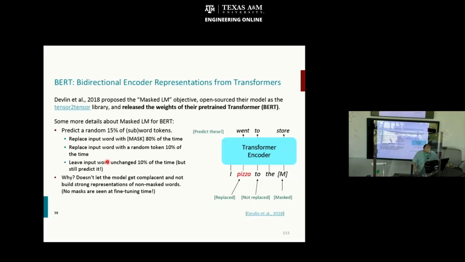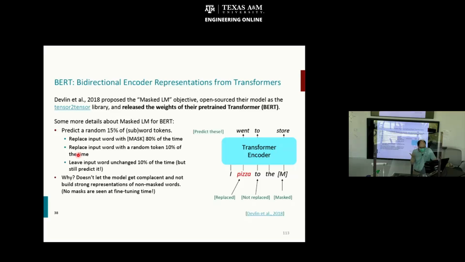That's what I'm saying here: you don't want the model to get complacent and not build strong representations of non-masked words. This is why you want to introduce this uncertainty, with three kinds of scenarios. After all, at fine-tuning time, we don't have masks.